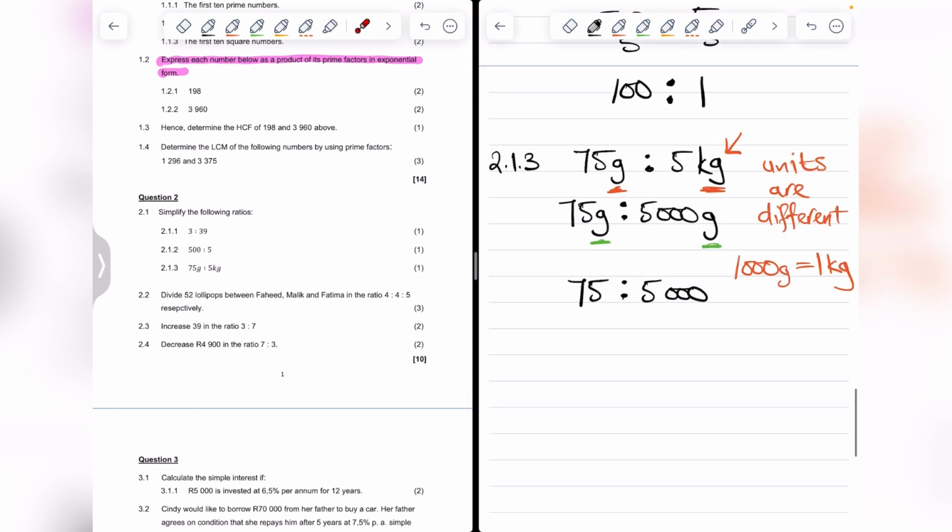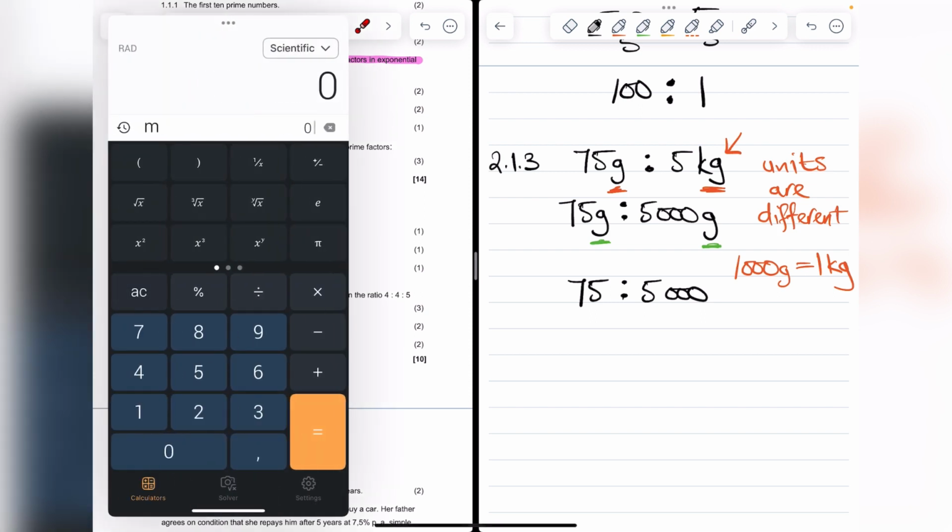Right. So again, here I have a situation where I've got one small number and one significantly larger number than the small number. And if 75 can divide into 5,000, it means that 75 is the highest common factor. So let's check that. 5,000 divided by 75, it can't.